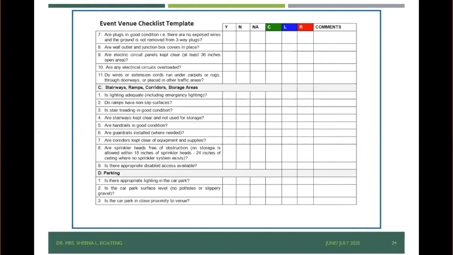They are thinking about everything from extension cords to wires to lighting, right? To non-slip surfaces. Very important, especially when you are inspecting for the elderly and people who are wearing high heels and have to be balancing their walking. You can't have people slipping on their heels and hurting themselves, right?